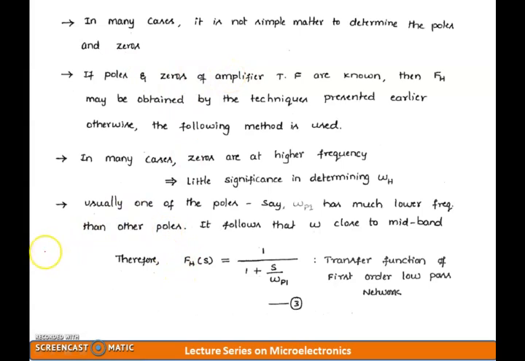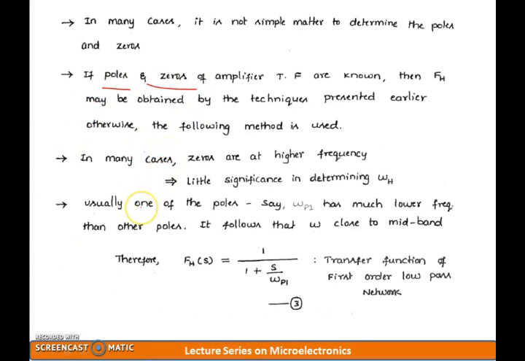But if poles and zeros of an amplifier transfer function are known, then fH, that is the upper cutoff frequency, may be obtained by the techniques presented earlier. Any one of the techniques can be used to figure out the upper cutoff frequency if I know the poles and zeros. Otherwise, the following method is used.